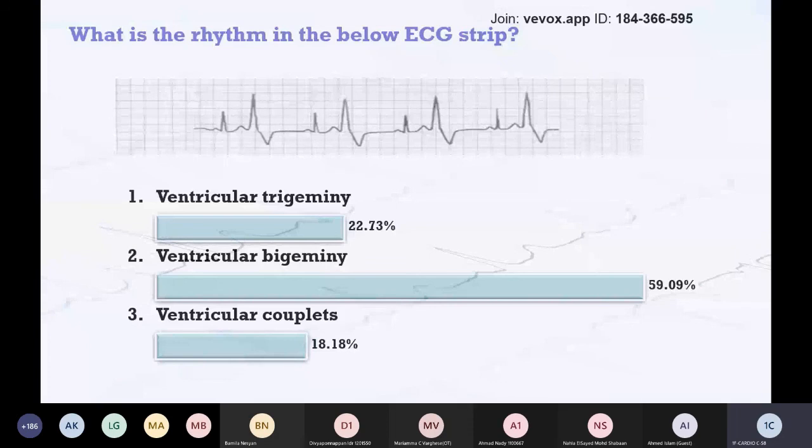So 59% say bigeminy, 22% ventricular trigeminy, 18% ventricular couplet. Couplet means two PVCs together, so that's not correct. Trigeminy means two normal and one PVC, and that's not correct. So the correct answer should be number 2.